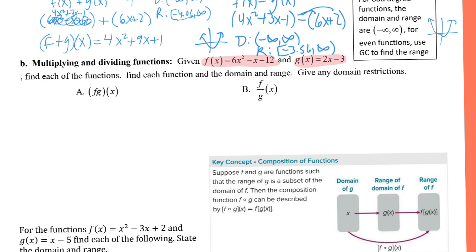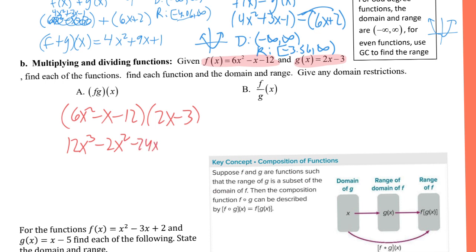And so if you take f times g, f is 6x squared minus x minus 12, and you multiply that by 2x minus 3. And if you multiply that out, okay, we're going to get 12x cubed, and then we're going to get minus 2x squared minus 24x, and then minus 18x squared plus 3x and plus 36.